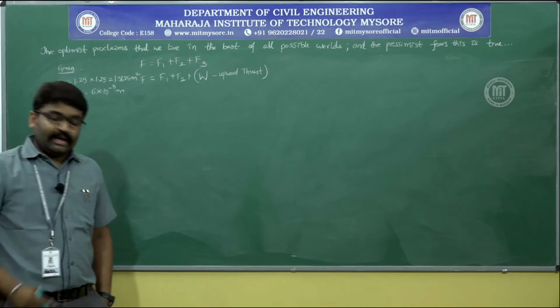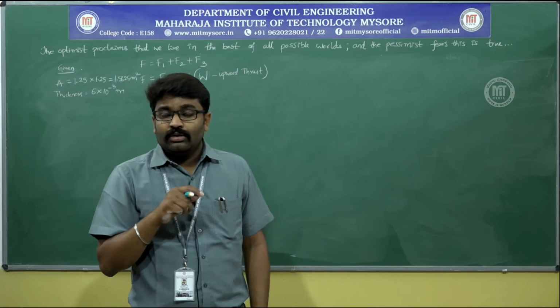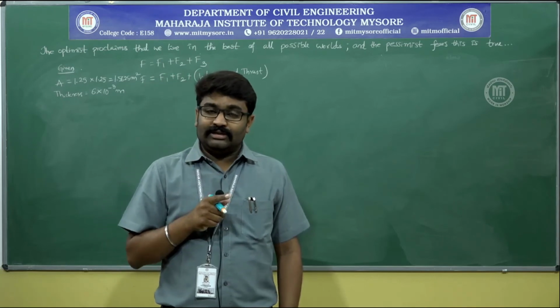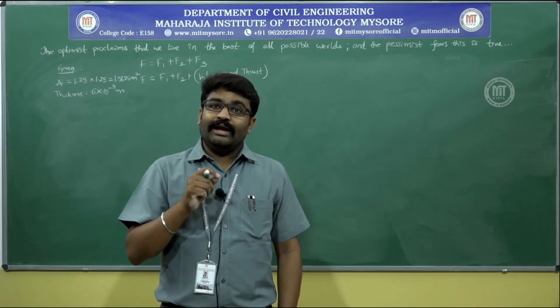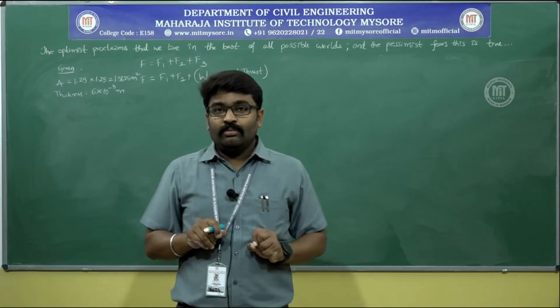Then you can easily calculate volume. Why is volume required? To calculate the upward thrust, you need to calculate the weight of the volume displaced. So, you need to get the volume also.